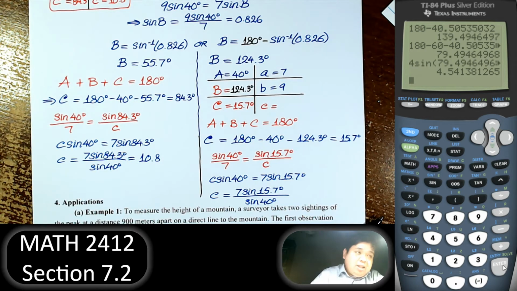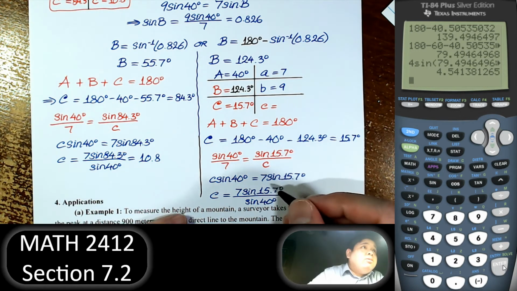So 7 sine of 15.7, I will take the whole number, divided by sine of 40 degrees. So I have 2.95.